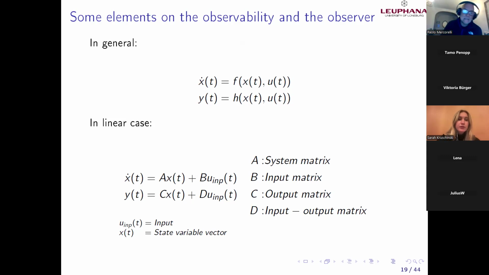Remember the matrix A, the matrix B, the matrix C, the matrix D. If you look at the last part of this slide, because until now we considered just linear systems. If we consider one linear system, at least mathematically. But I told you about, you remember, the bank system. I have some example. I will come back to this for you. In any case, we understood what is the matrix A, what is the matrix B, C, and D.